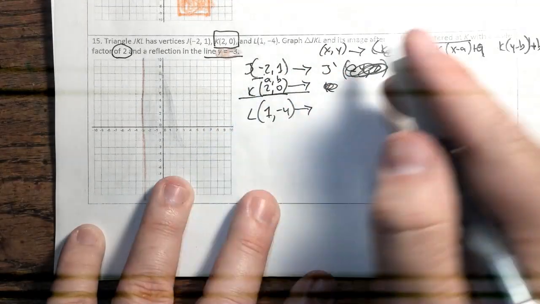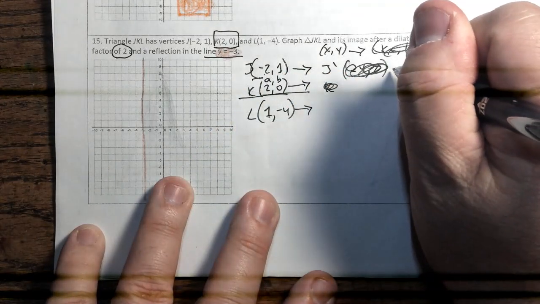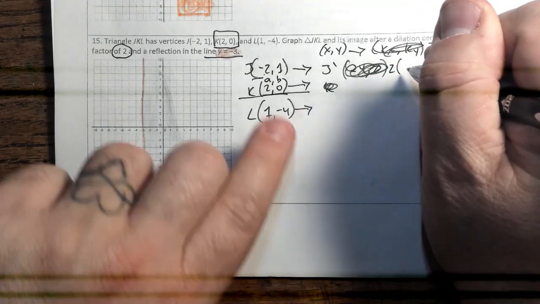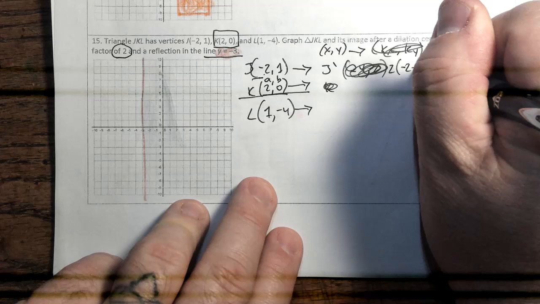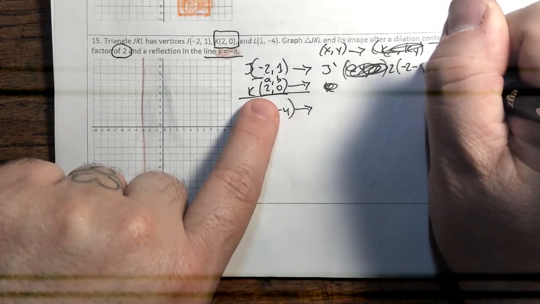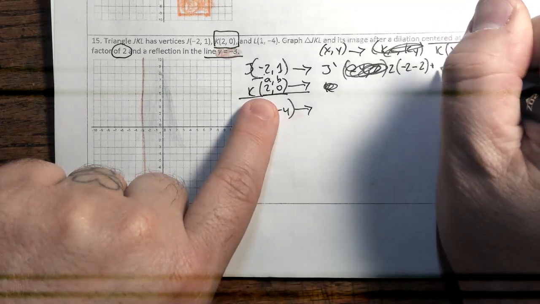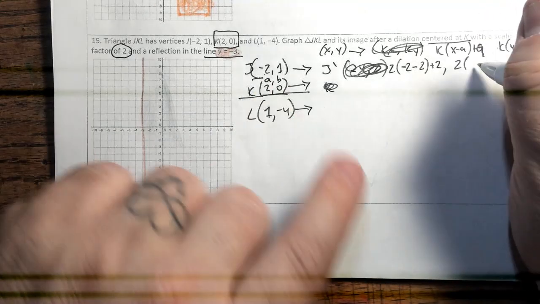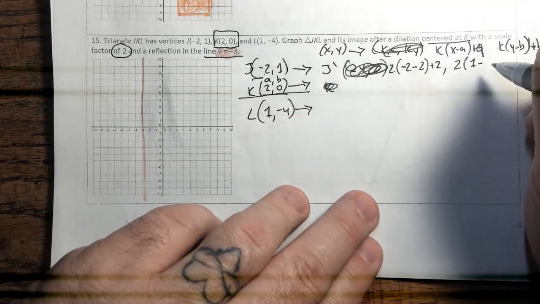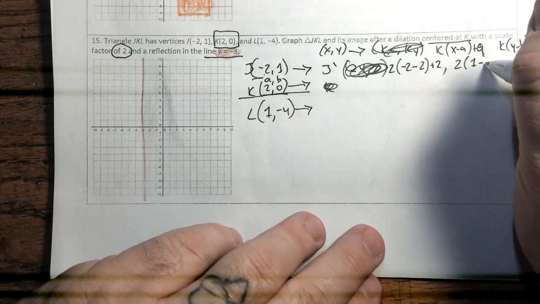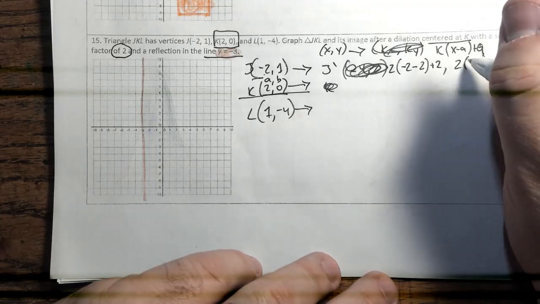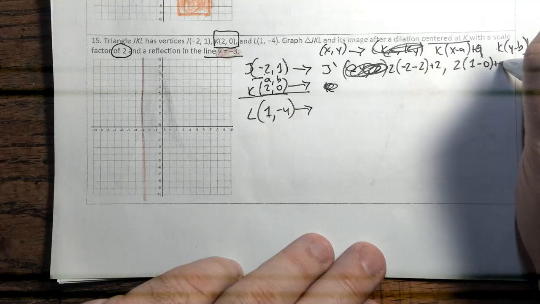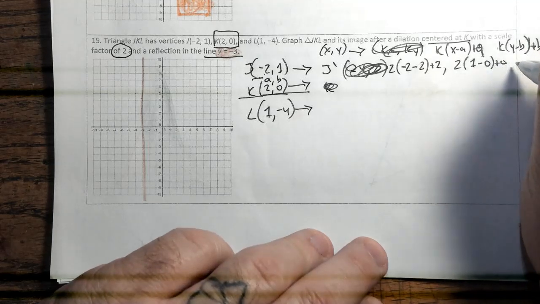So negative 2, well, first it's 2 times x, which is negative 2 minus a, which was 2, plus a, and 2 times y, which is 1 minus b, I'm sorry, y was 1, minus b was 0, sorry for the confusion.